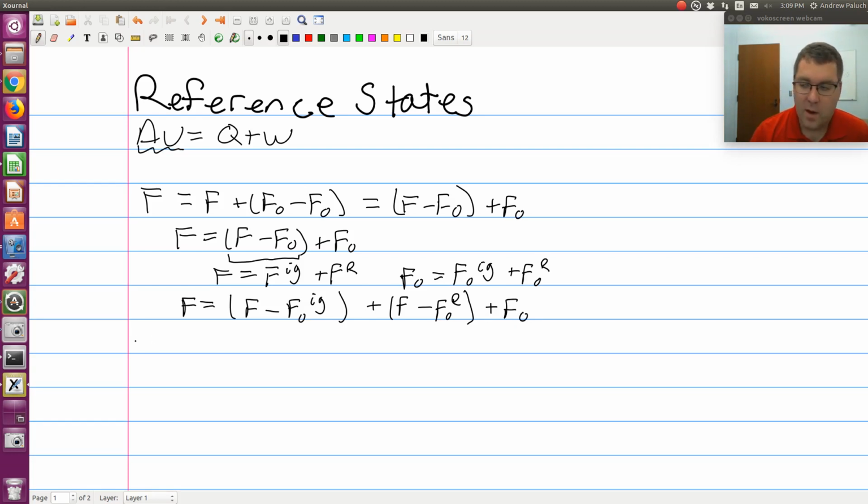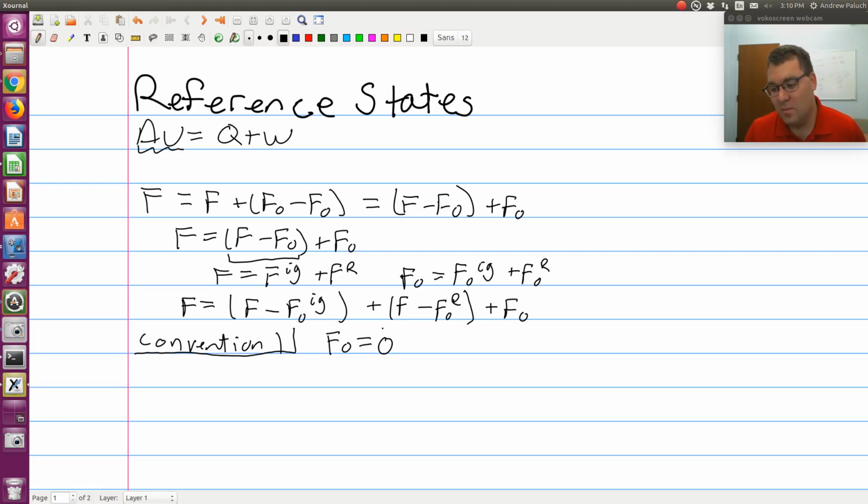Then we're going to look at, say, I'll call it convention 1, introduced in the book. They call it defining essentially an absolute zero, so absolute values. In the absolute sense, we define f to be equal to 0 at some conditions.